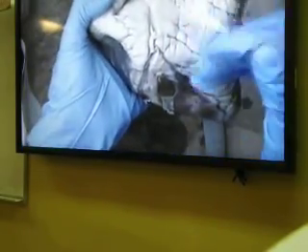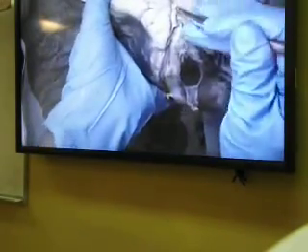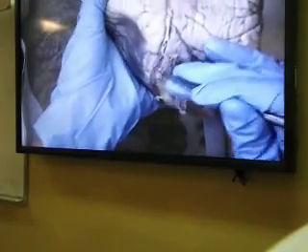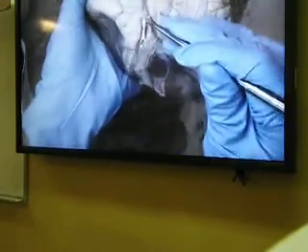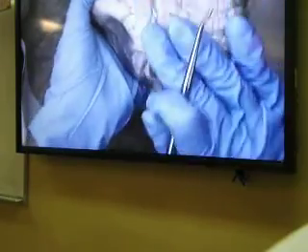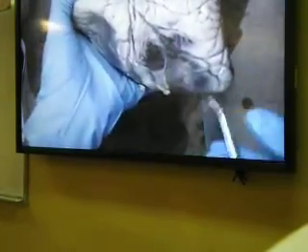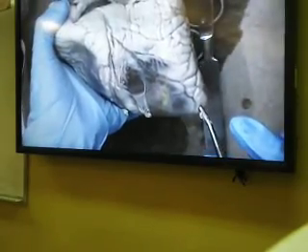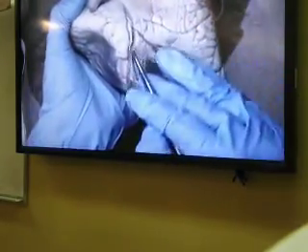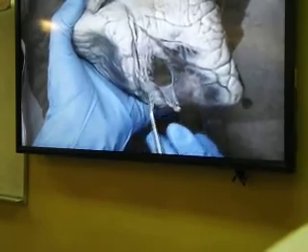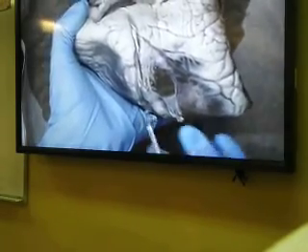Now all we need to know from the sheep heart is this groove, the anterior interventricular sulcus. As we said a little while ago, it ends anatomically right at the apex. So this is the apex, this is the anterior interventricular sulcus, and it's ending anatomically right at the apex.